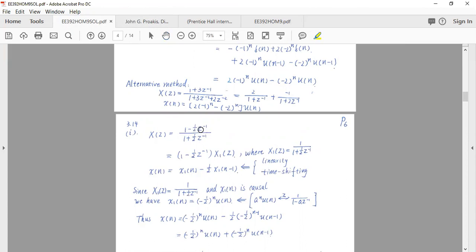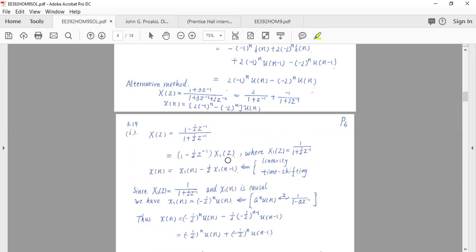We can keep the numerator as it is, and we can substitute 1 upon 1 plus half z inverse with x1 of z. So we can rewrite this whole term in terms of this.